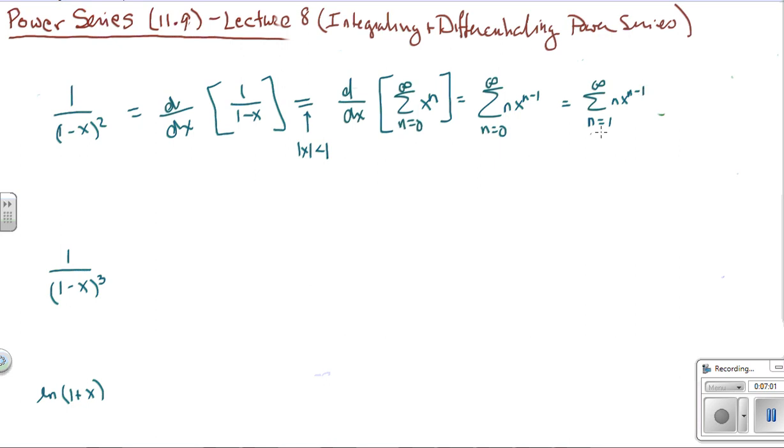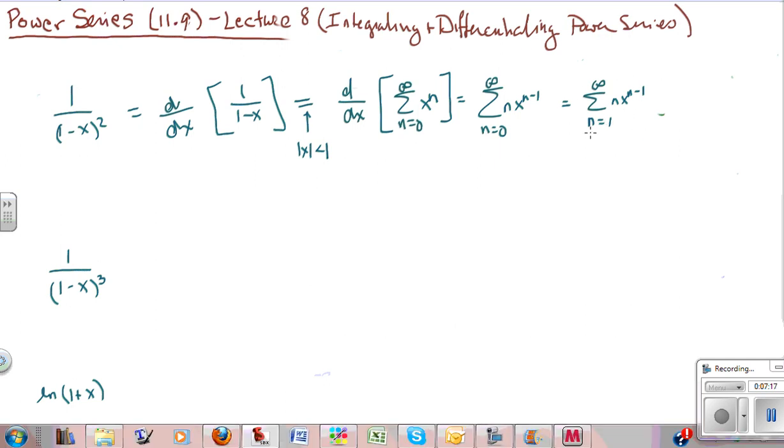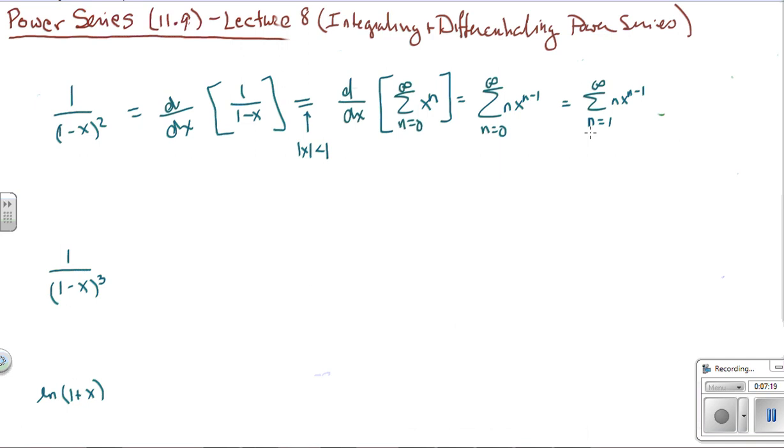And we can change that to 0 to infinity by changing indices, but we don't have to right now. So the idea is this particular function has this power series expansion. That's not quite a geometric series. That's a little bit different, but it's a derivative of a geometric series. And not only that, the radius of convergence is the same.